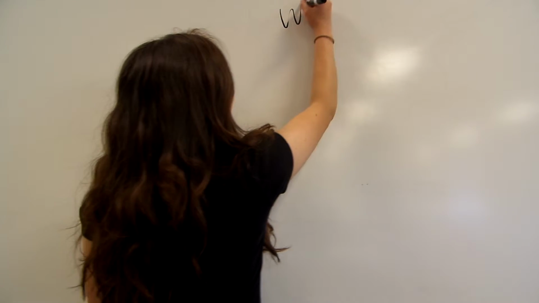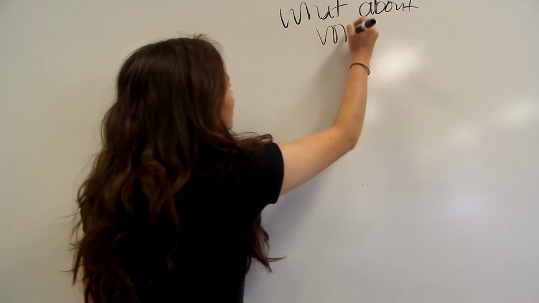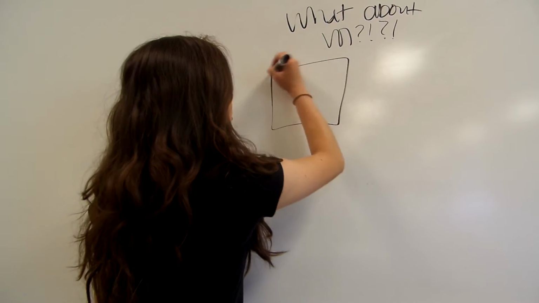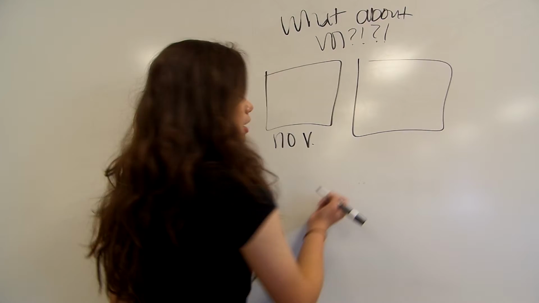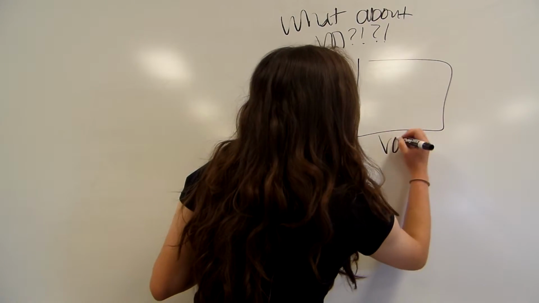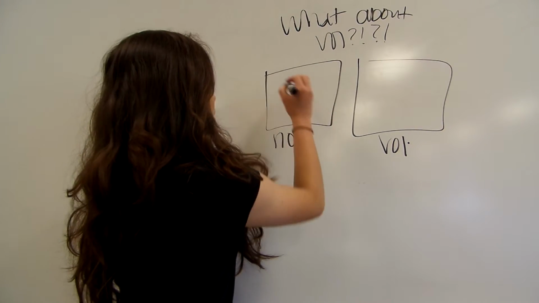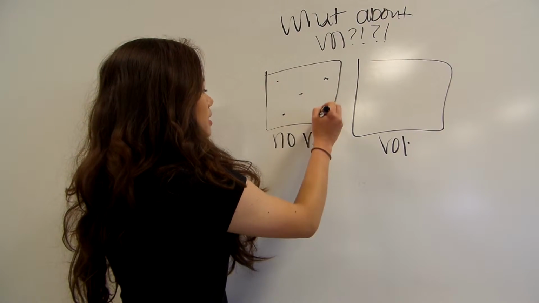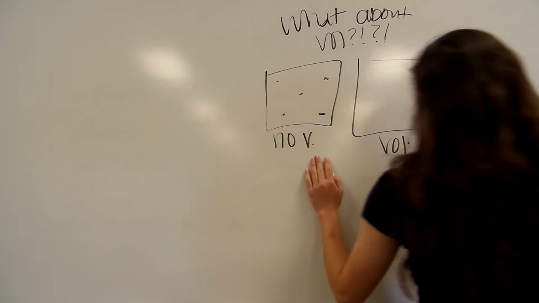What about volume? Well, for volume, we can have one tank be no volume or negligible, and one can have volume. For the one with no volume, there's really small little particles or atoms, and they don't really take up any room, so that's almost negligible.